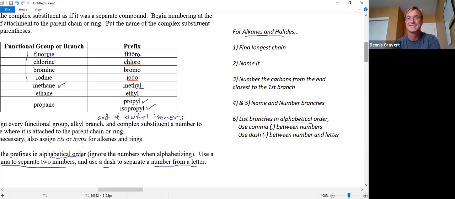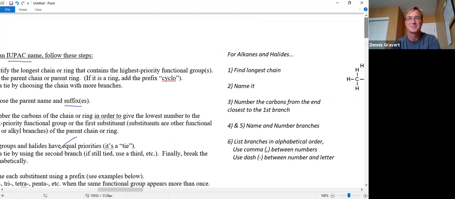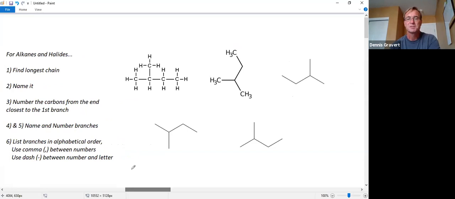Ready to give it a try? You bet. I've got the rules over here on my left to reference. Here is the exact same molecule drawn 5 different ways. This is one of the reasons the naming rules are complicated and full of details.